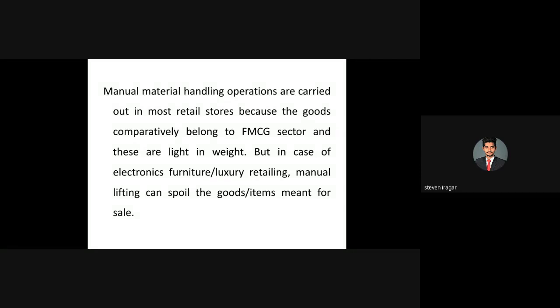There's no guarantee that human error cannot happen. So to reduce all those human errors with respect to very costly or luxurious items, which are priced very high, such machines can be used.